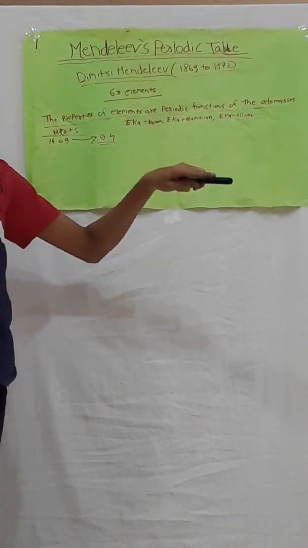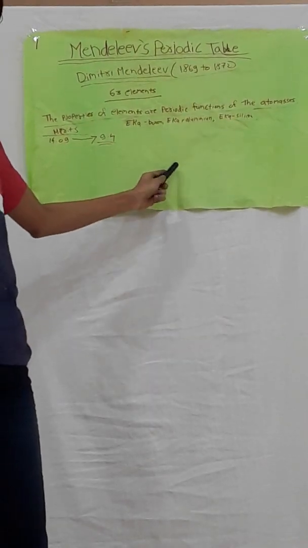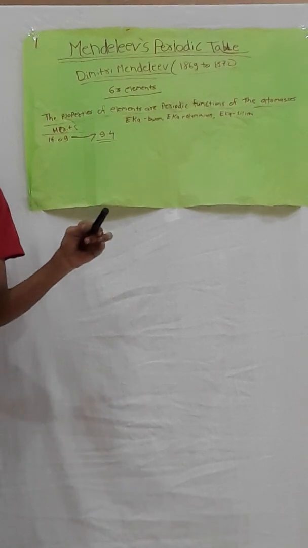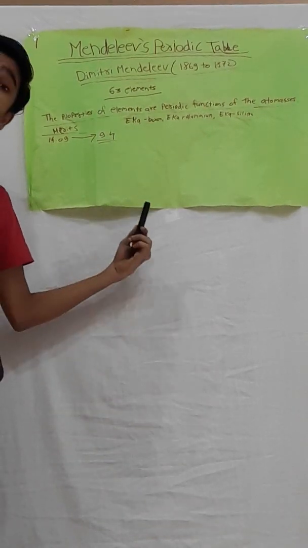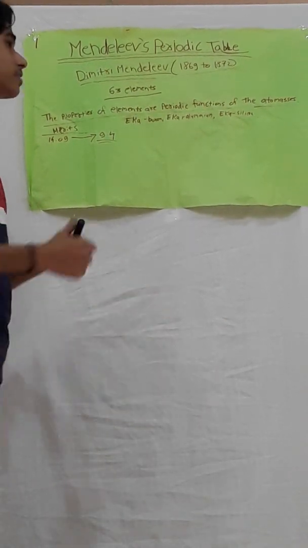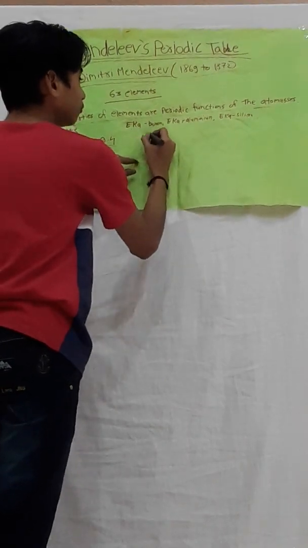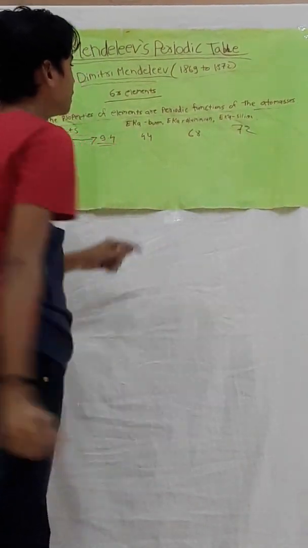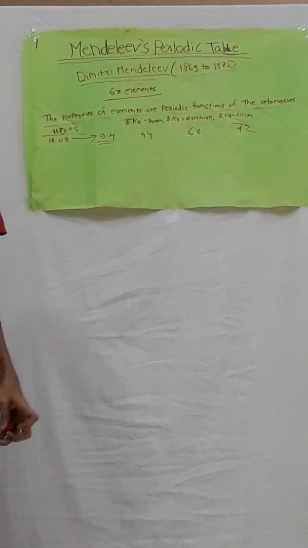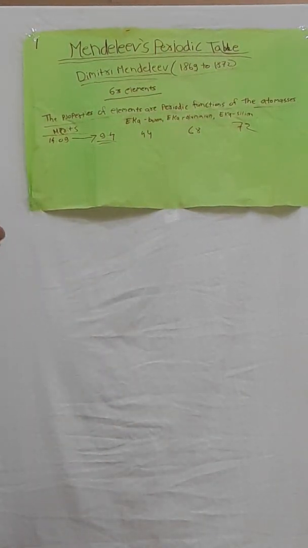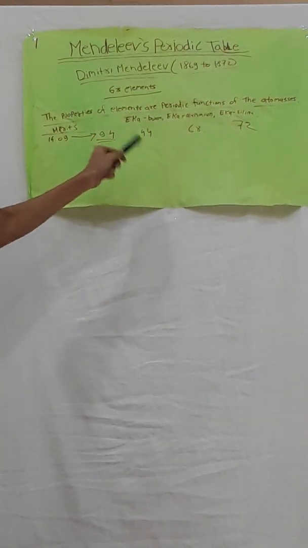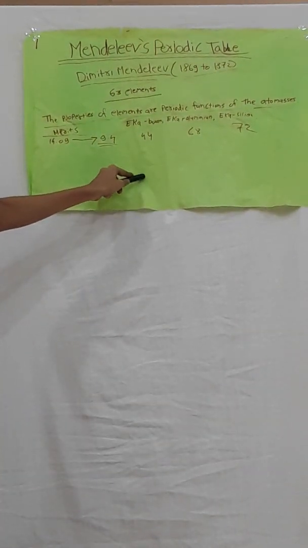From the known neighbors, he gave the names. And he indicated the atomic masses as 44, 68, 72. He also predicted the properties of these unknown elements.